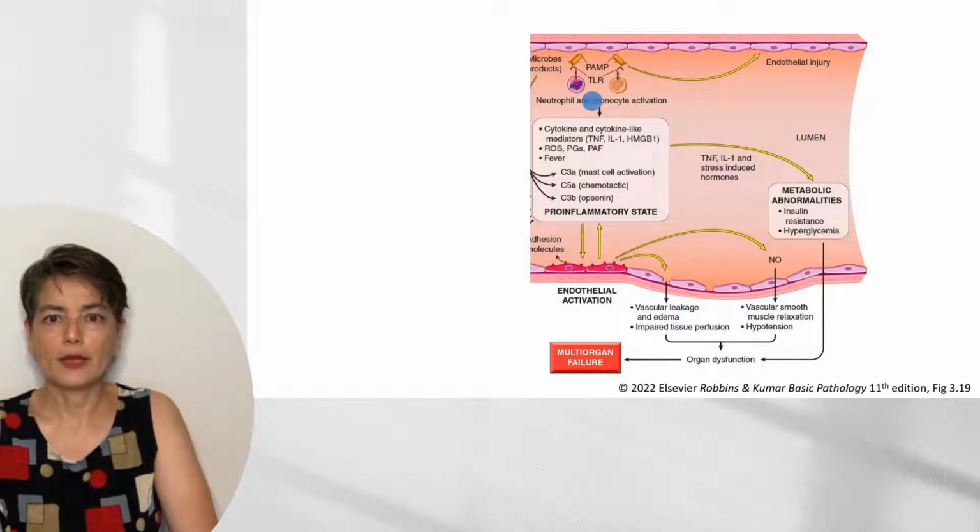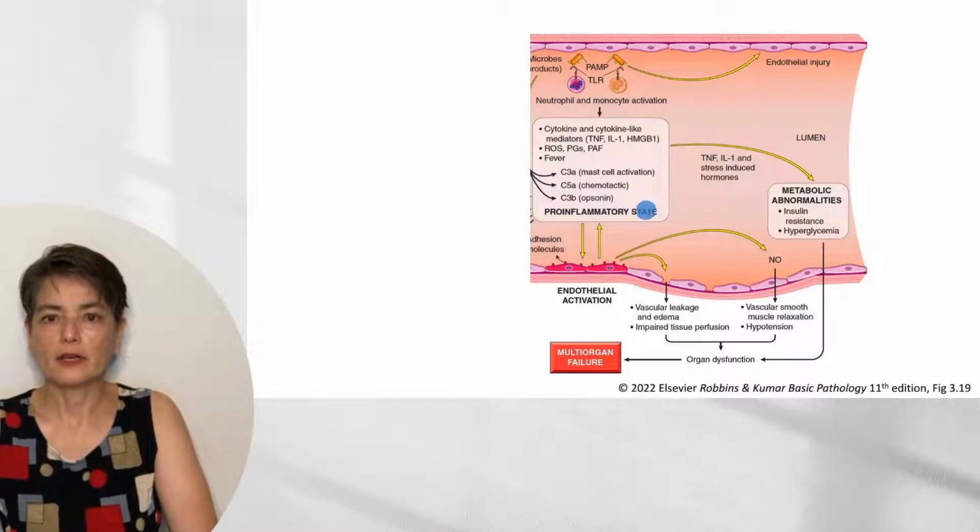So again, this is in the context of inflammation, where we have our neutrophil and our monocyte that are responding to stimuli caused by inflammation through the toll-like receptor to release cytokines and cytokine-like mediators.